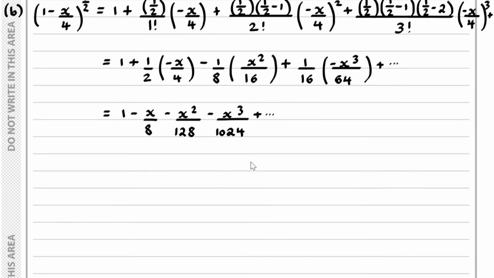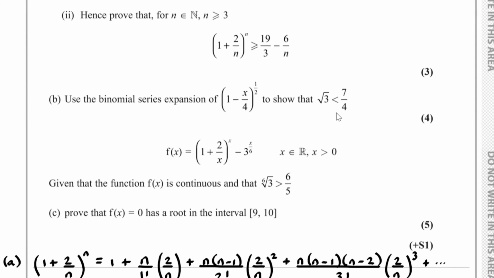Now, if we go back to the question, we want to show that root 3 is less than 7 over 4.